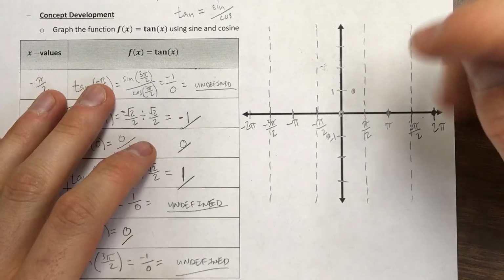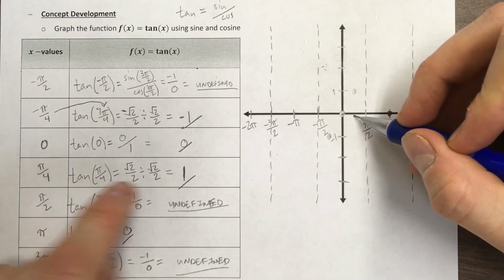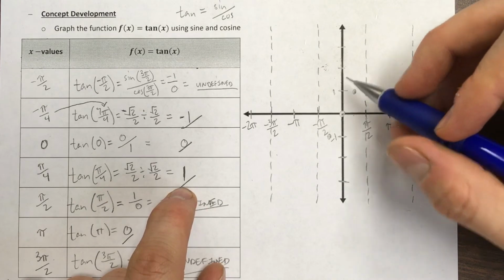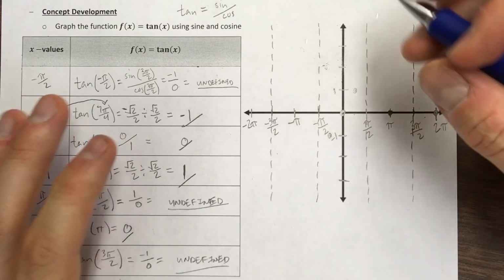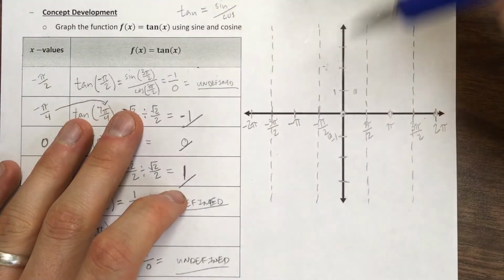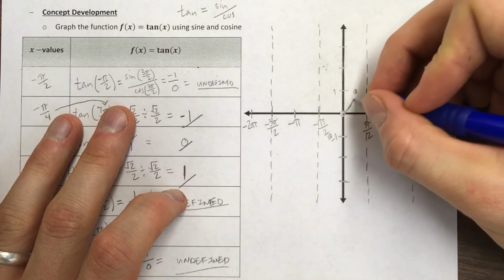Okay, now we had these points here in the middle, the 0, 0, the pi over 4, comma 1, which is there, the negative pi over 4, comma negative 1. And what's happening here is the tangent function, we could continue graphing other points, but what the tangent function does is it takes this shape.